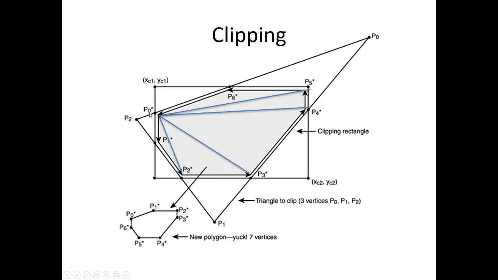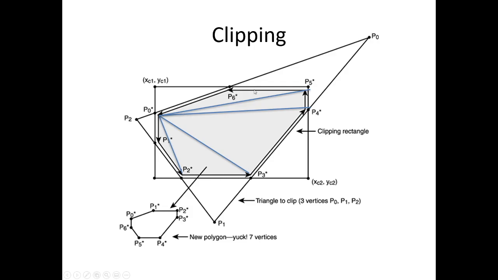You can think of the clip rectangle as, after we've projected into the screen, these coordinates are 0 to 1 or negative 1 to 1 or whatever, as we said. And P2, P0, and P1 are all completely outside the screen. So we do have to be a little bit careful about how we figure out whether or not something is visible or not, especially if it's so large that it takes up our entire view, as this particular triangle does.